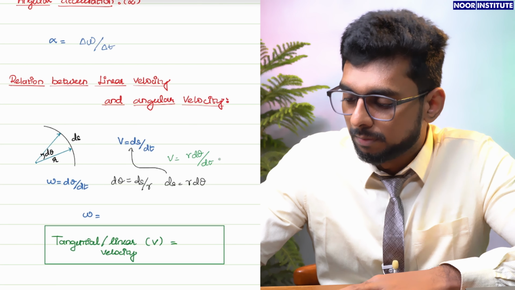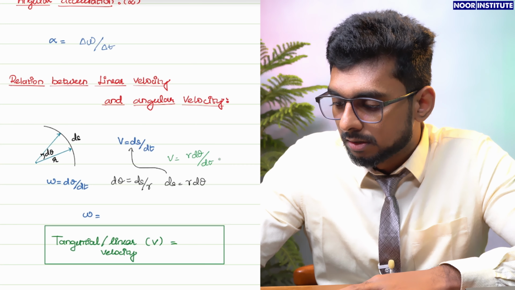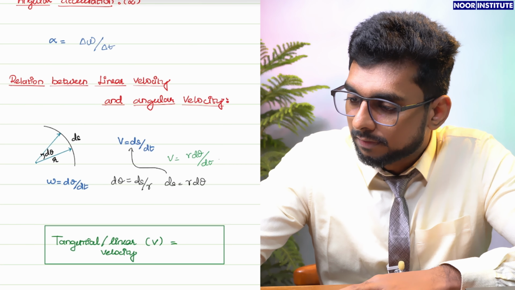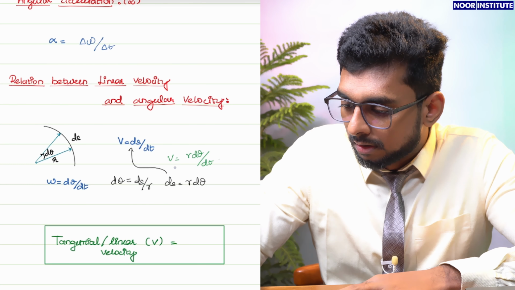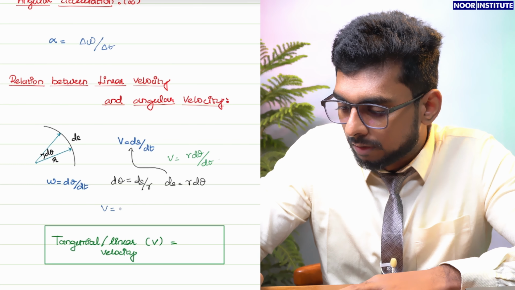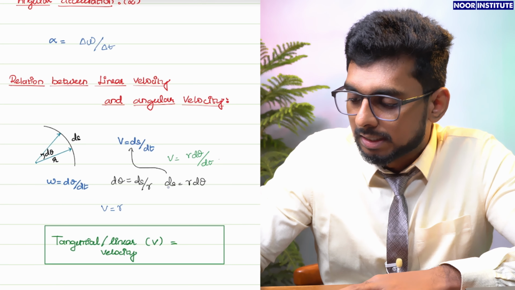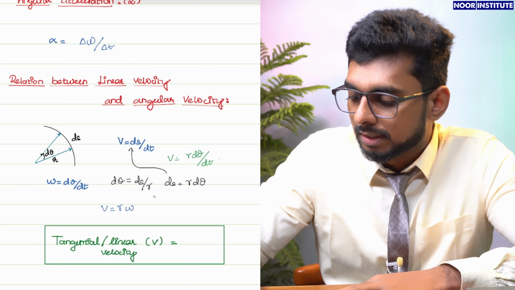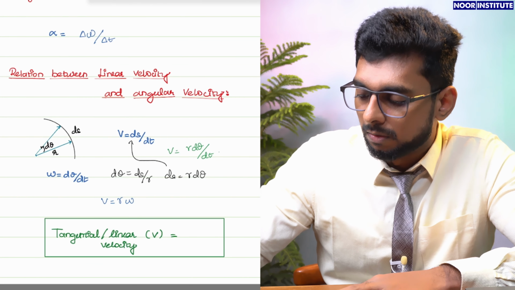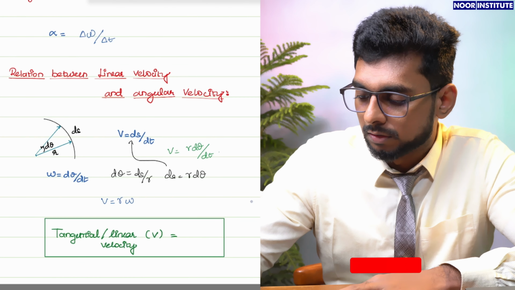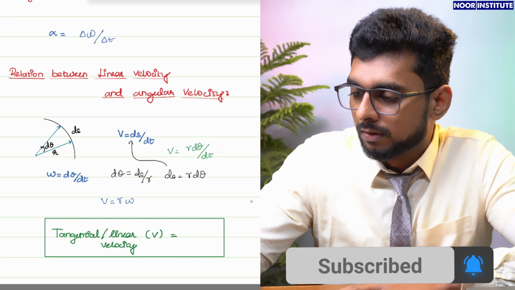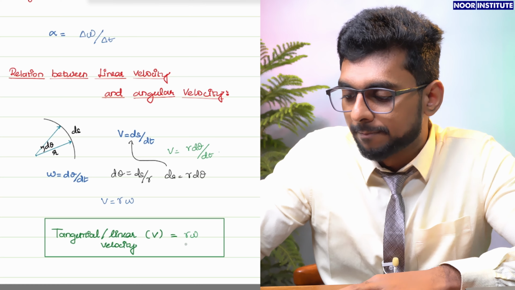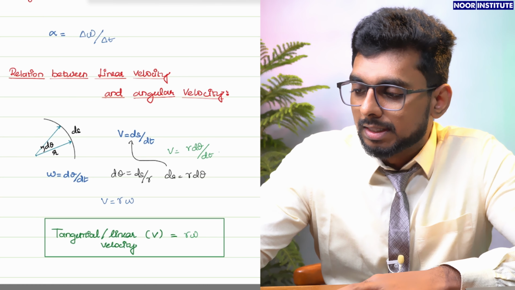This d theta by dt could be replaced by omega, right? So the equation that I've got here is v equals r omega. The tangential or linear velocity is related to angular velocity by r. So the answer is v equals r omega. That's the relation that you need to know.